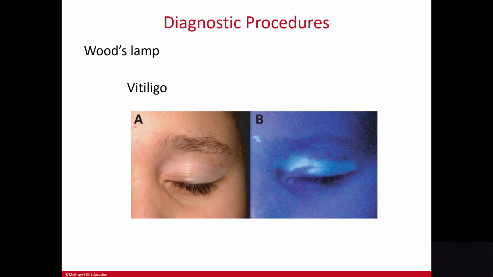And we call that area of loss of pigment hypopigmentation. Remember, hypo means low or below. So hypopigmentation is what we refer to as the loss of pigment in that area. And we can confirm the diagnosis of vitiligo by using the Wood's light in cases where we're not sure of vitiligo. So I thought that was pretty cool.